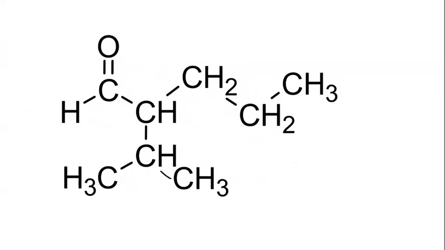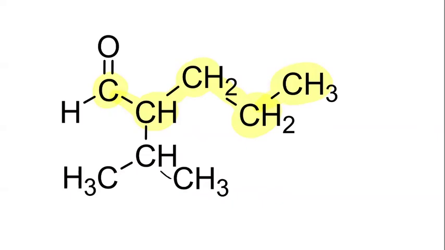I hope that you found that the longest carbon chain is this one, 5 carbons in length, because if you go this way, or if you go that way, it's only 4 carbons in length. So this is my parent chain.